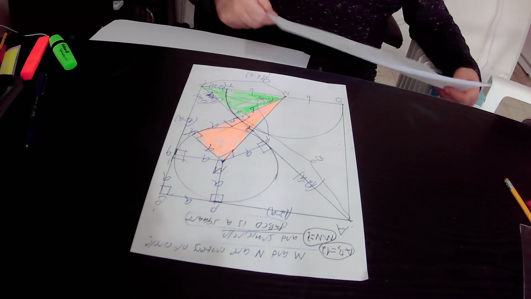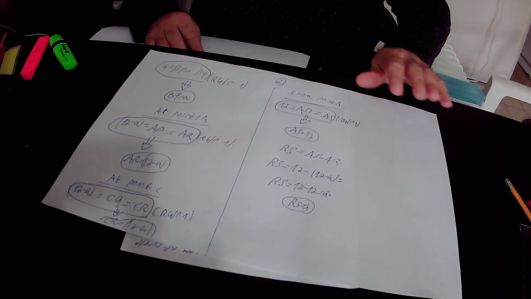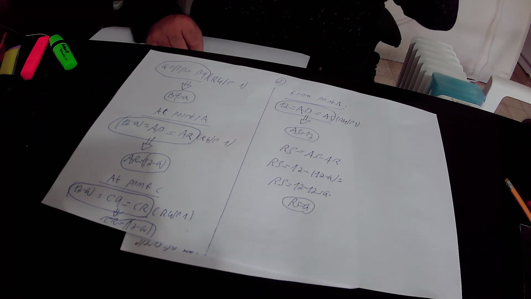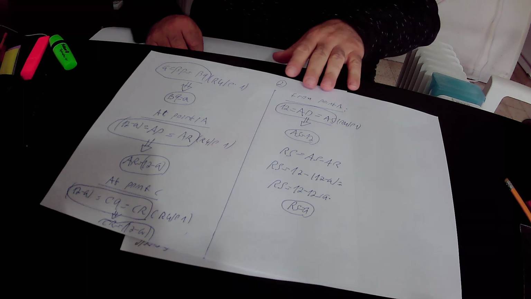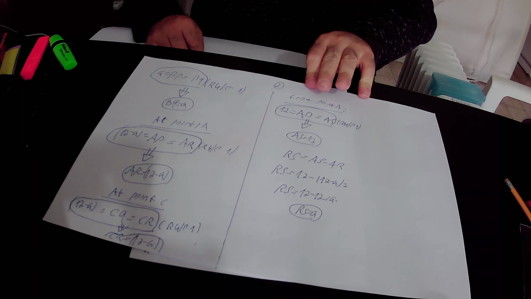Again, according to rule number 1, in relation to the external point, point A, and the semicircle that we have here, the two tangents to the semicircle from point A must be equal to each other.